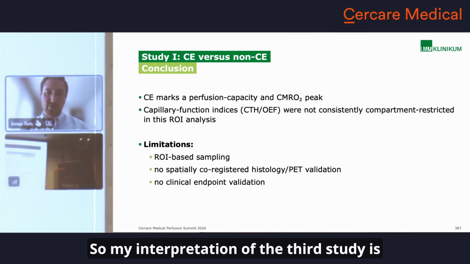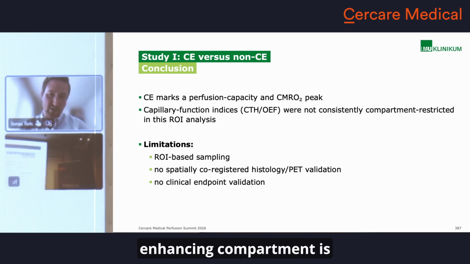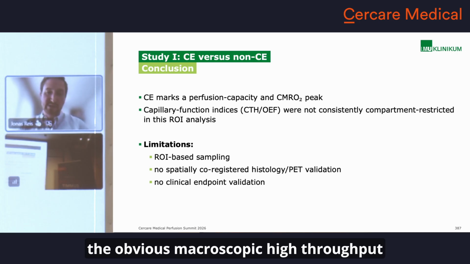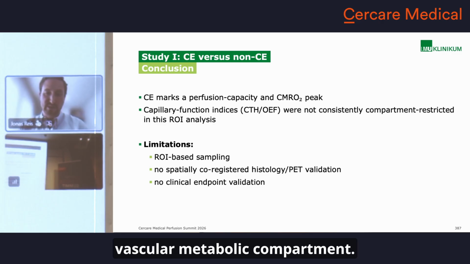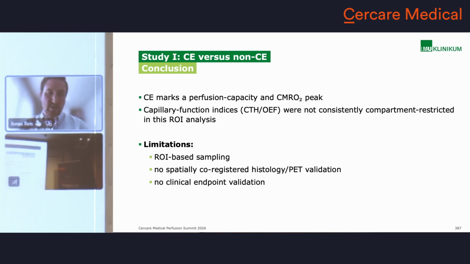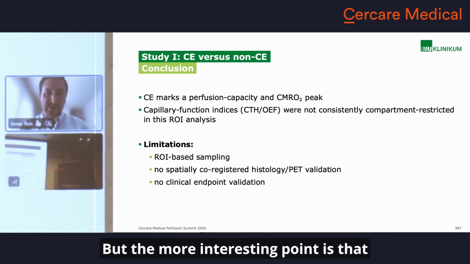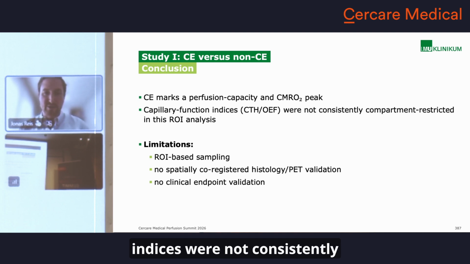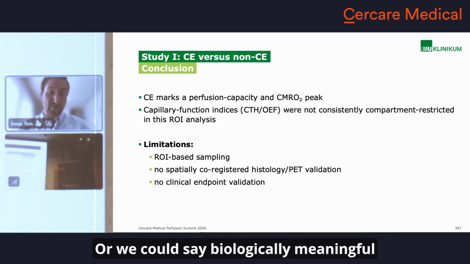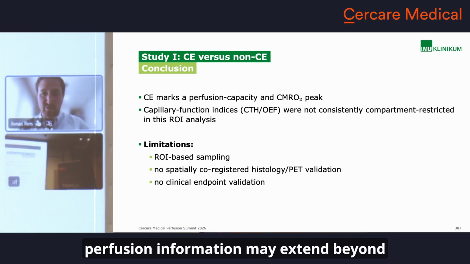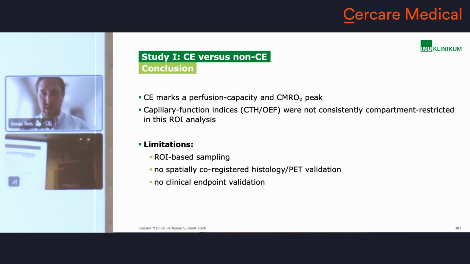So my interpretation of the first study is that the contrast-enhancing compartment is the obvious macroscopic high-throughput vascular metabolic compartment. But the more interesting point is that the capillary function indices were not consistently compartment restricted. Or we could say biologically meaningful perfusion information may extend beyond contrast enhancement.